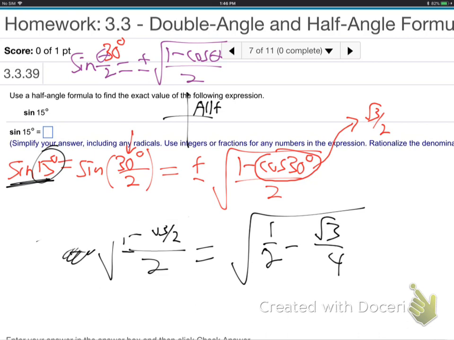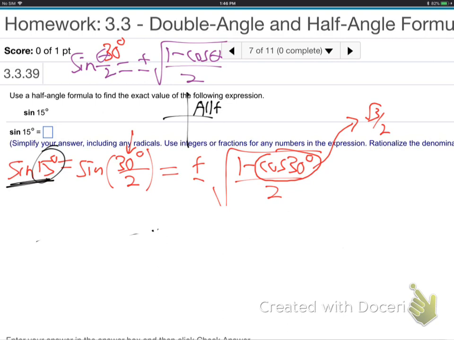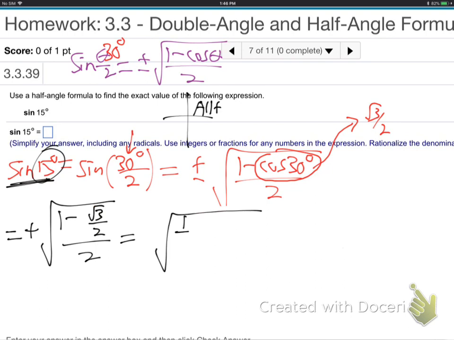Let me back this up. I need a little more room. It's positive, the square root of 1 minus square root of 3 over 2. So just put it underneath both of them. Is that good? See what I did there?